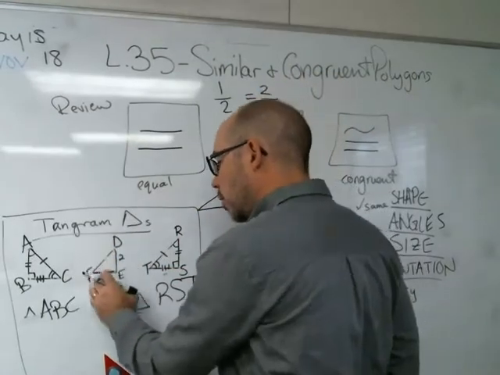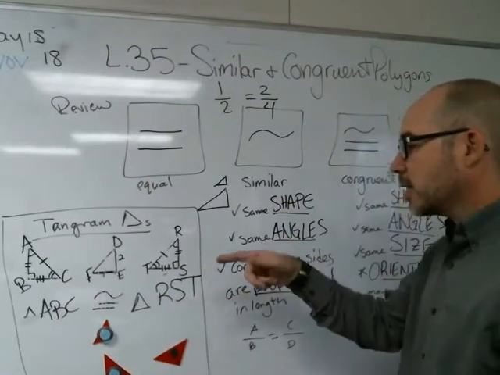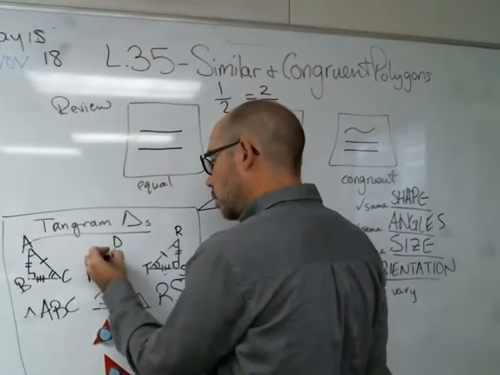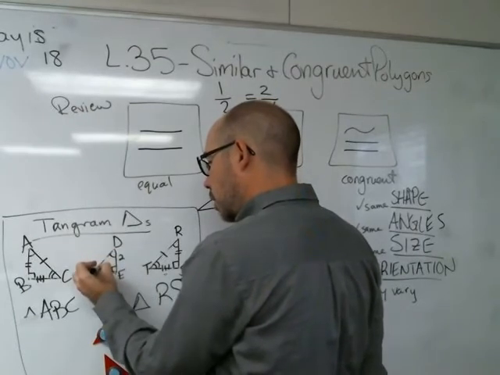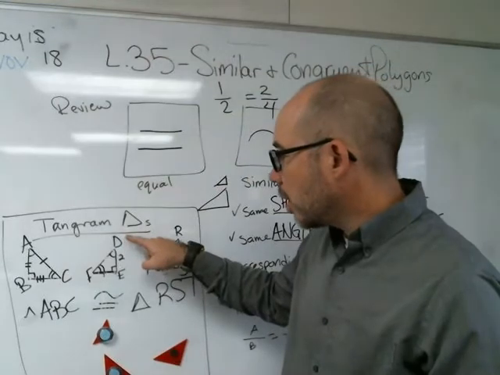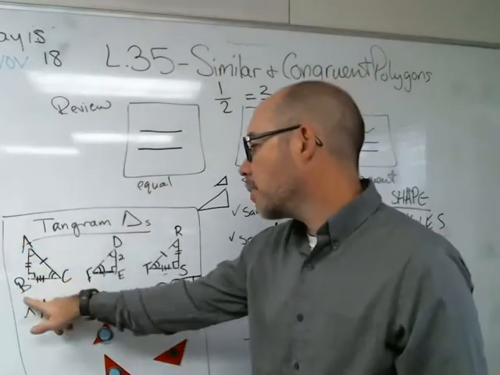Now I've got a little triangle here that is a similar shape and has the same angles. So I would have angle 1, and then this angle, and that angle. That triangle DEF is similar to triangle ABC.